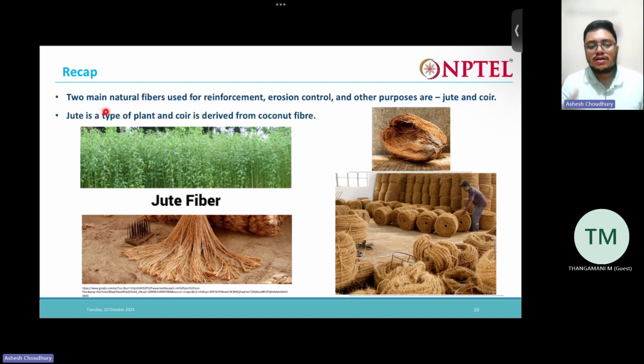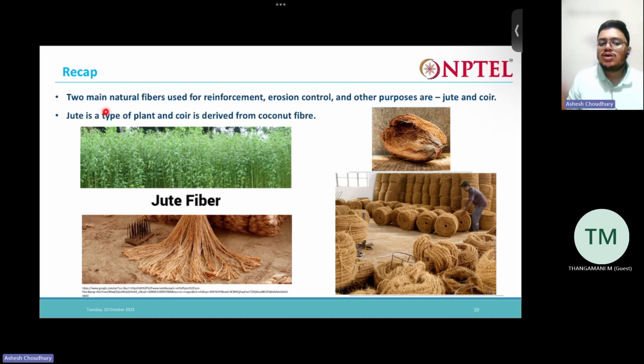Jute geotextiles, jute geocells, all those kinds of things are getting developed nowadays. The more usage of jute is very beneficial, both to nature and sustainability, and to us, because it will provide local employment to villages.